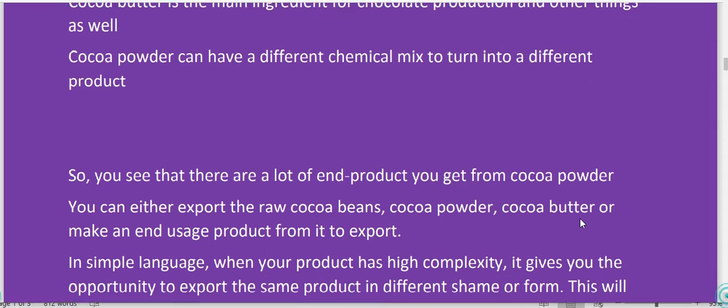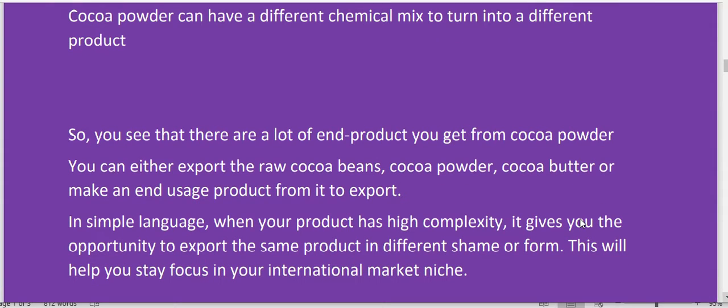So you see that there are a lot of end products you can get from cocoa beans. You can get chocolate from it, you can get pomade from it, you can get biofuel from it. As an exporter of cocoa, you can export the raw cocoa beans, the cocoa powder, or the cocoa butter, or make an end usage product from it to export.